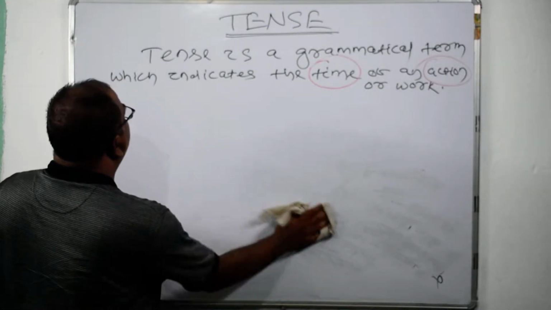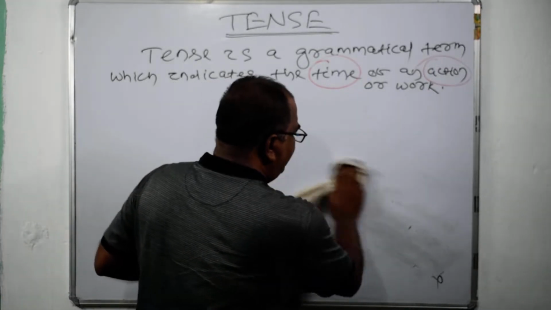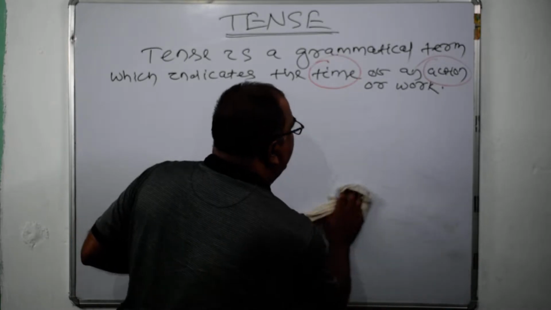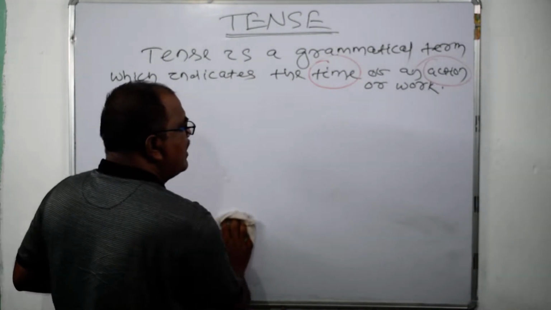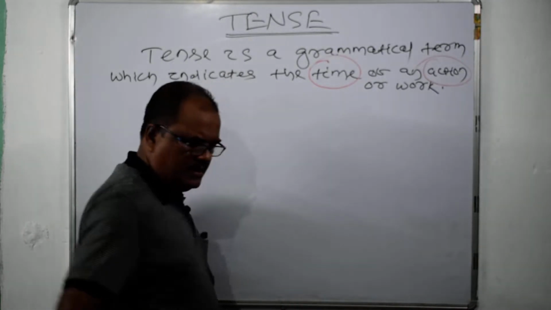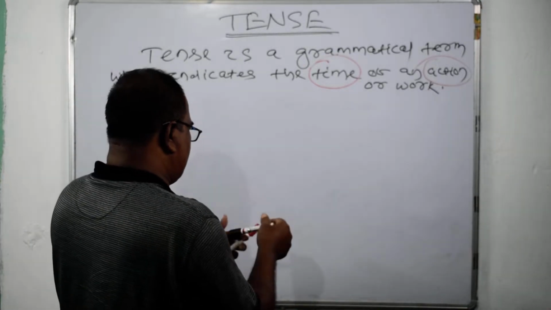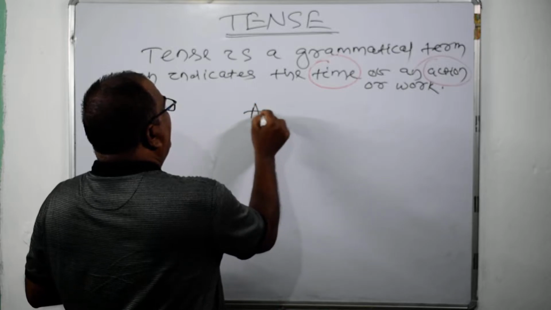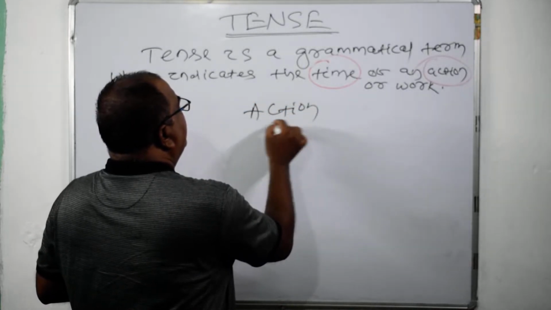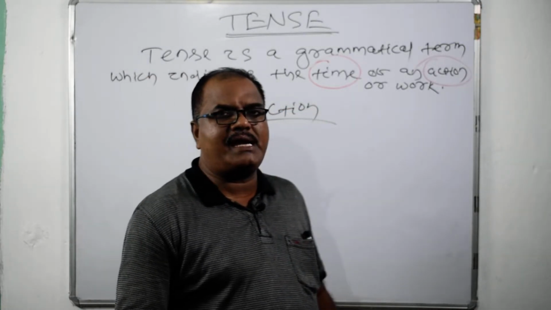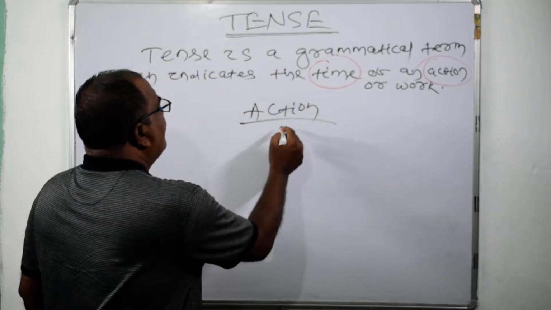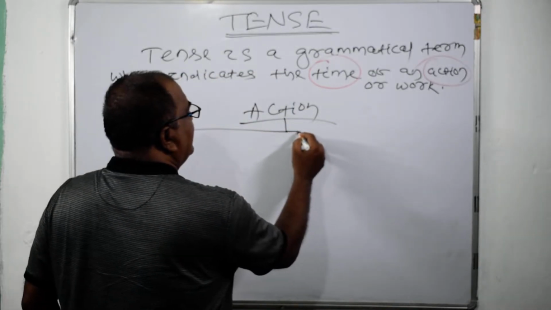From the definition of tense, we have found two words. One is time and another one is action. There is a question: what kinds of actions are there? We can divide action into four categories. What are they?